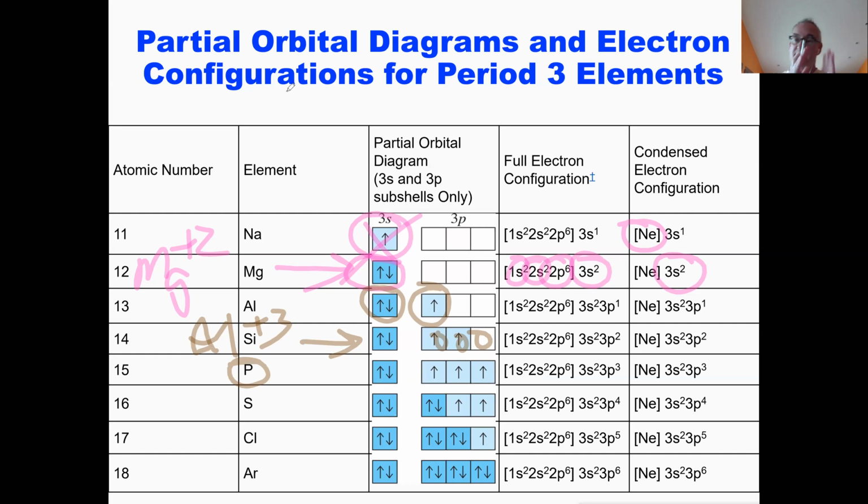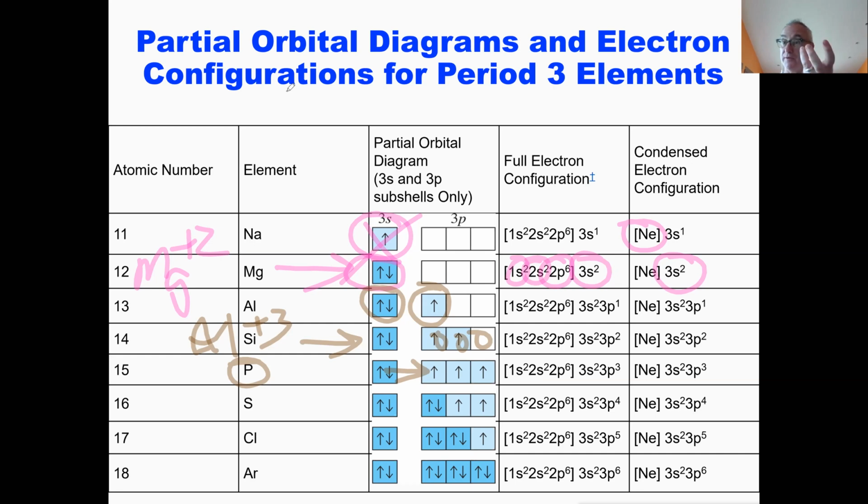Phosphorus, now that we've basically half filled the p orbital, there's room for 3 more electrons. And so with phosphorus, there's 2 ways it can get to chemical stability. It can get rid of 5 electrons, or it can gain 3, one or the other. Now, it's much easier for phosphorus to take 3 electrons than it is to give away 5.